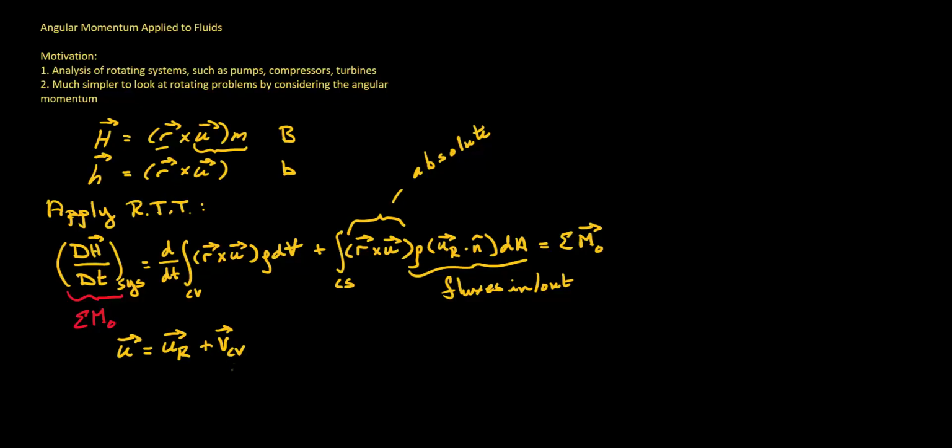And sometimes it's helpful to know that if our control volume is rotating about a fixed axis, this will often be expressed as omega crossed with r. Essentially, the angular velocity multiplied by a position vector r will give us the linear velocity of our control volume at a given point, r away from the axis of rotation.